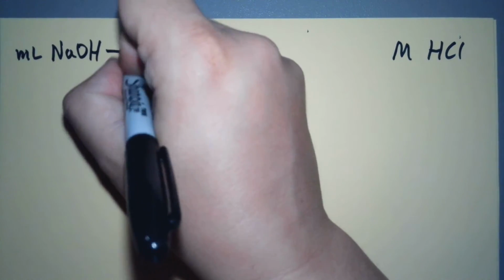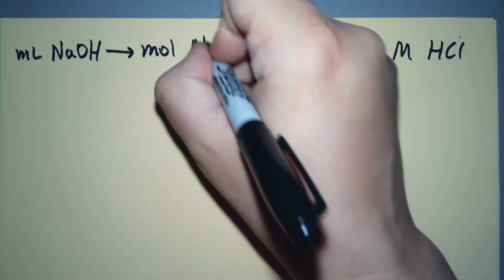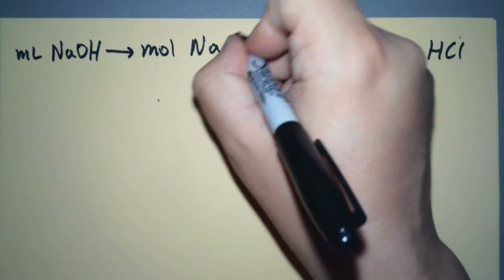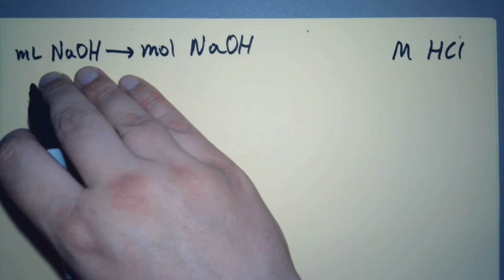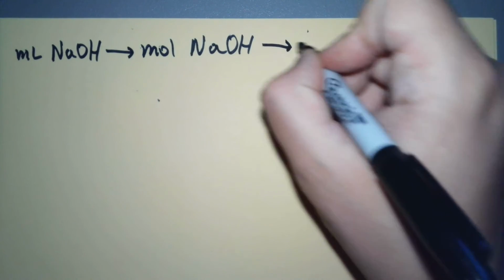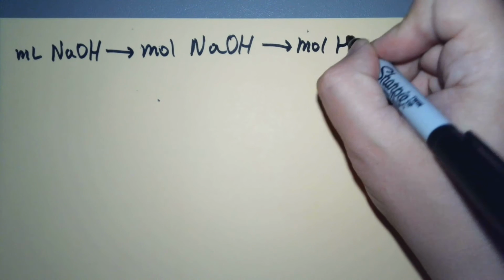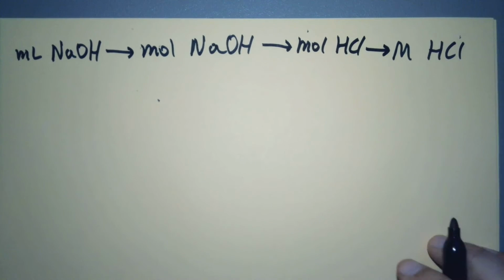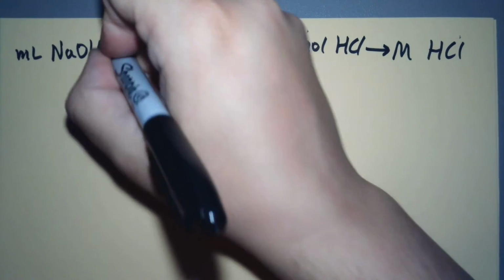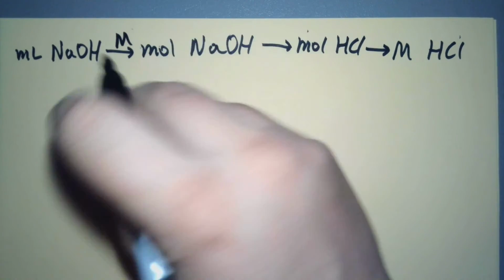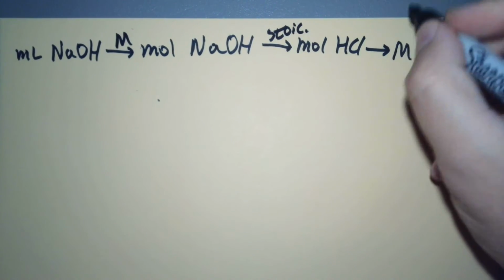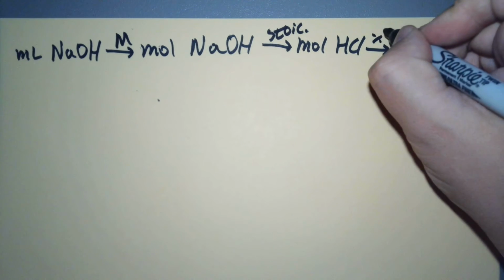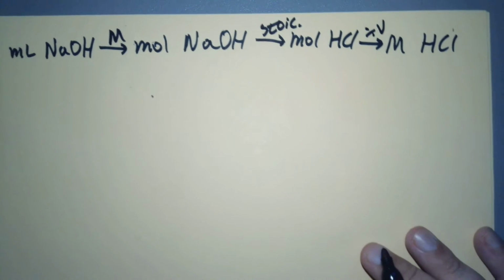We can get this to moles of NaOH, and you should be thinking to get to moles because we have different compounds on the end here. Then we can get this to moles of HCl, and then to molarity of HCl. This first step uses the molarity over here, this uses stoichiometry, and this is dividing by the volume of our sample.